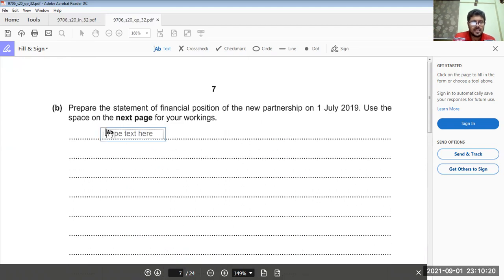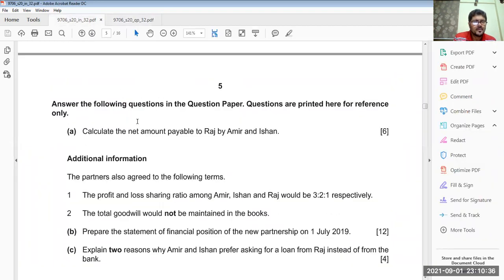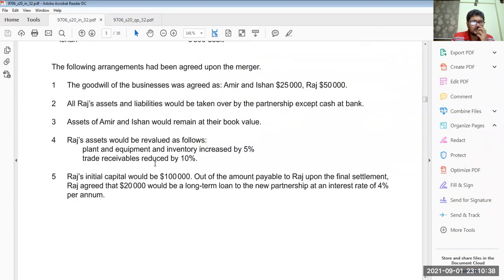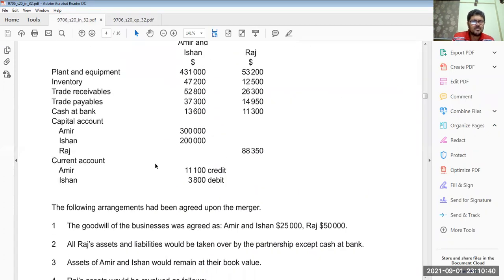Now we are making the balance sheet. Now non-current assets. Non-current assets we have now: plant and equipment 431,000.